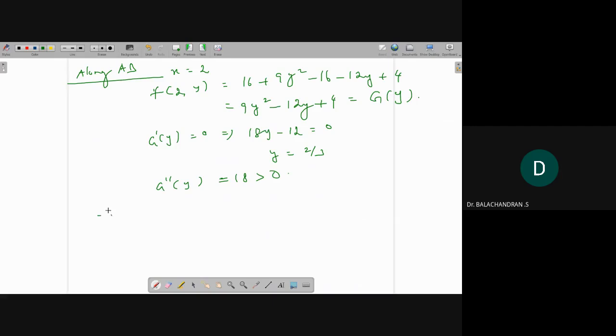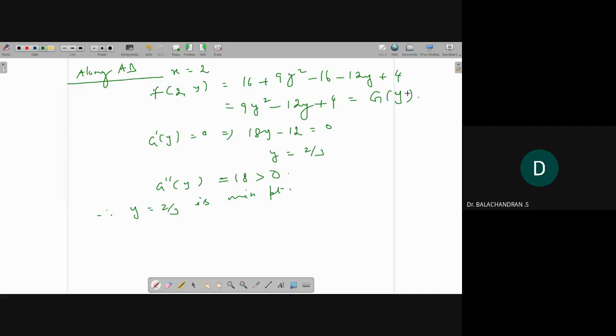So this implies y equal to 2 by 3 is a minimum point for the function g of y.